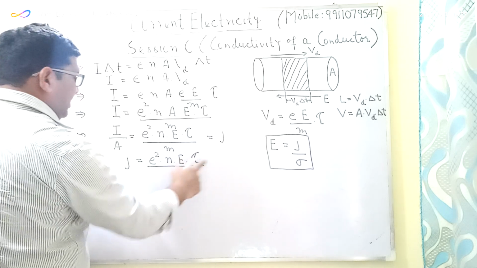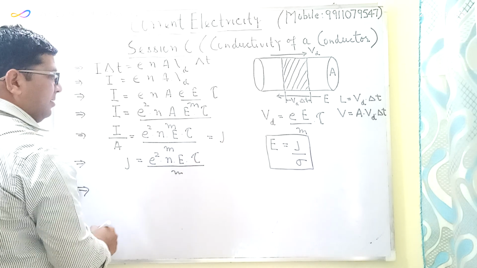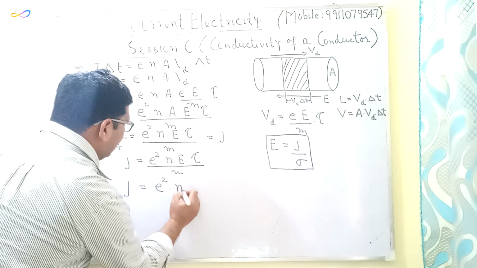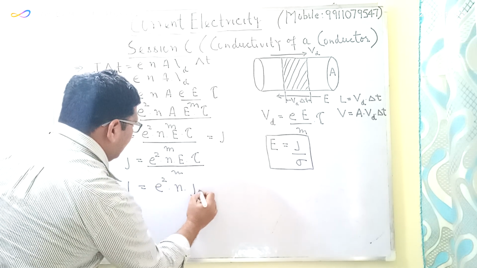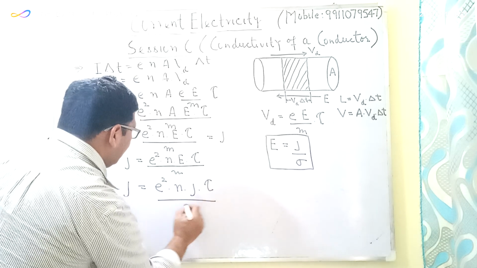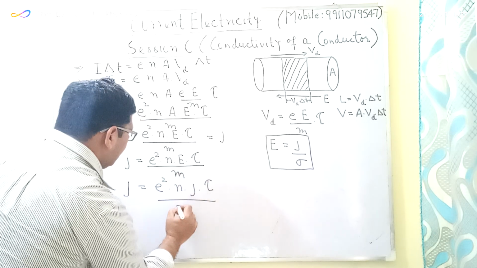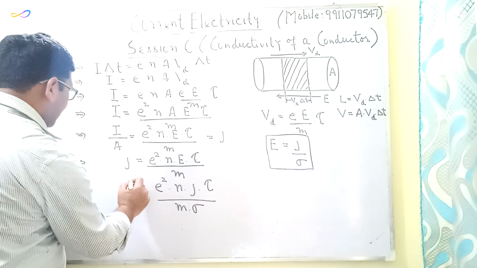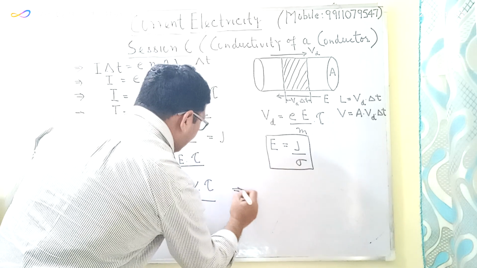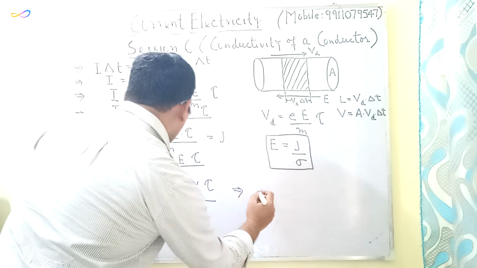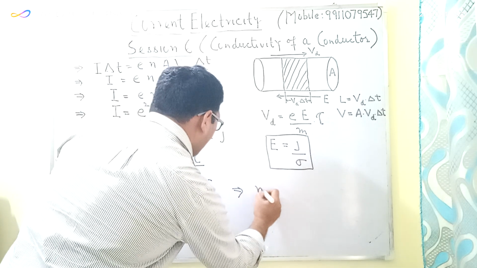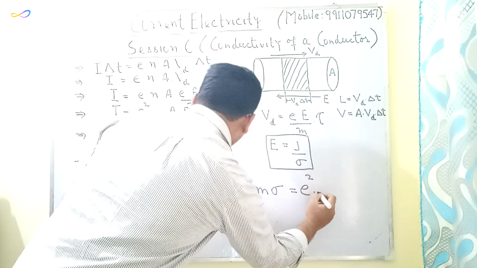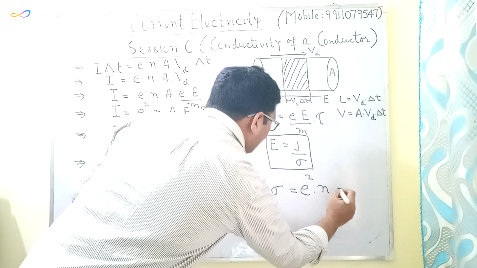So now E is equal to J upon sigma. I will now be substituting the value: E is equal to J upon sigma. So from here this J and J will get cancelled out. It implies that m sigma is equal to e square N into tau.